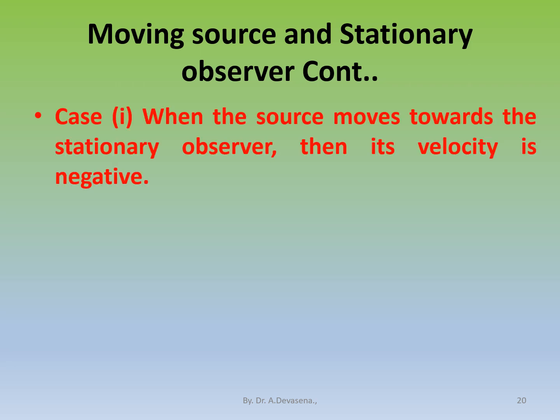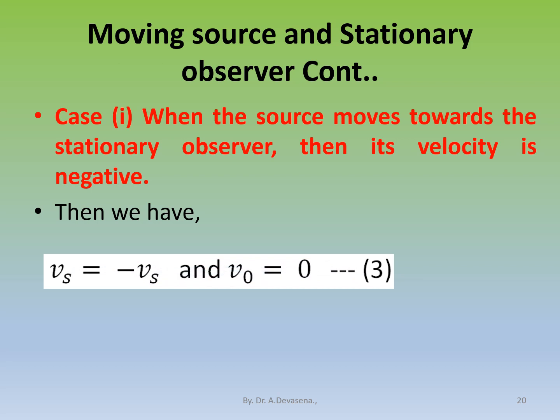Case 1, when the source moves towards the stationary observer, then its velocity is negative. Then we have v suffix s is equal to minus v suffix s, and v naught is equal to 0 because the observer is stationary but the source is moving towards the observer.